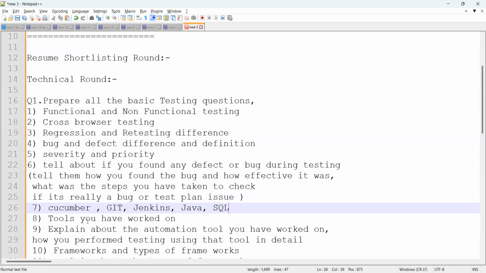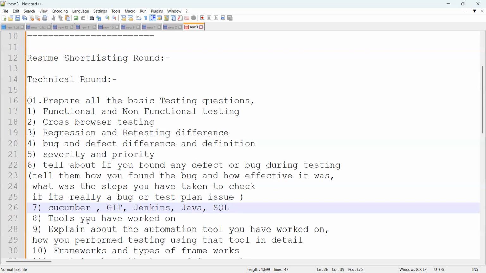And the next question is tools you have worked on. There might be some tools that you are using on a daily basis, like Jira, Confluence, X-Ray, or any bug tracking tool, or Charles Proxy for API modification or API testing. If you have mentioned that you have worked on any tool, the interviewer might ask you about it.